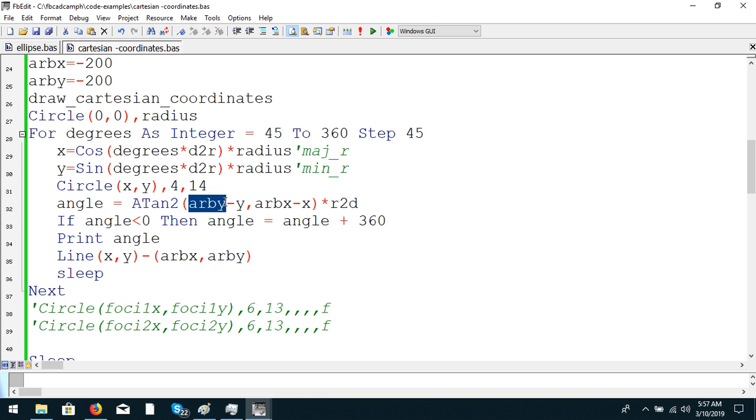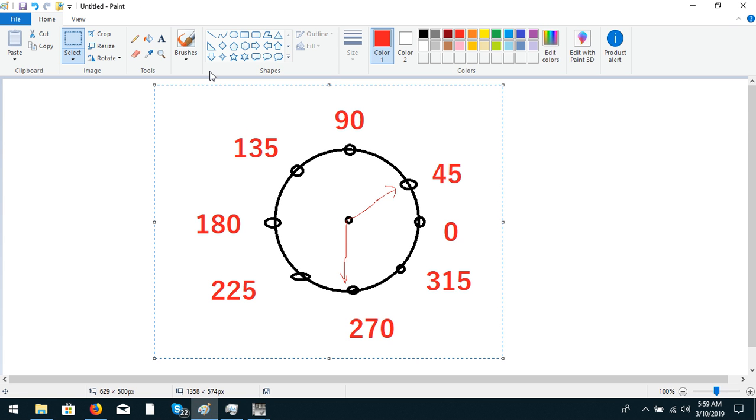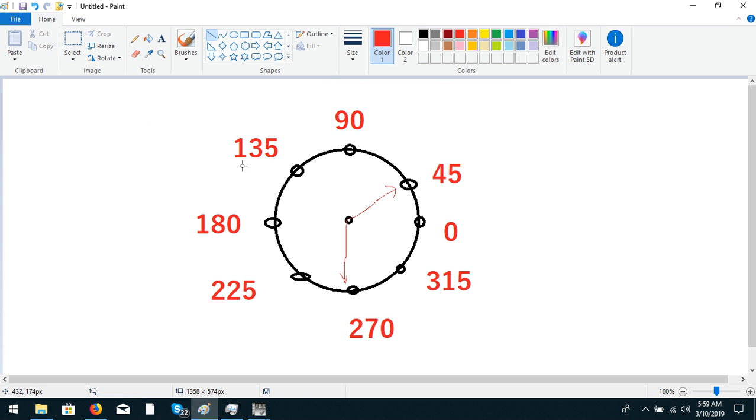Let's see. I wonder if there's a better way to explain that. Let me think for a second. Hold on a second. Maybe I can explain it like this. So here's my Cartesian coordinate system. There's my x-axis and here's my y-axis. And so that's 0, 0, and this right here is what, 200 over, okay?